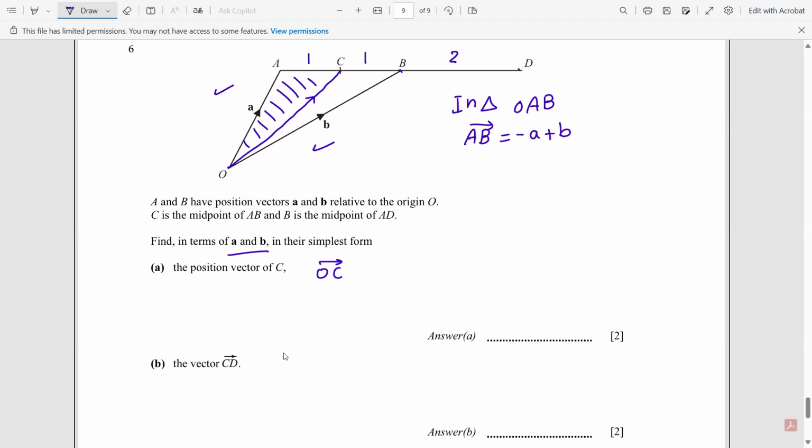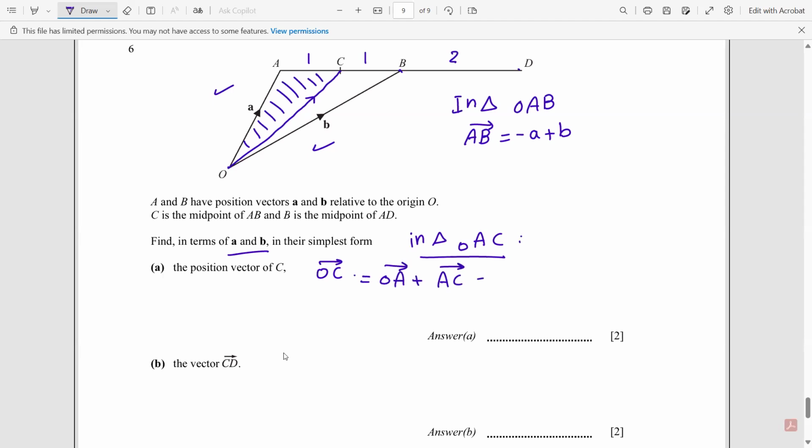So in triangle OAC, the shaded one, the vector OC equals OA plus AC vector.